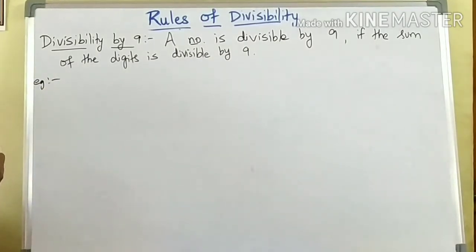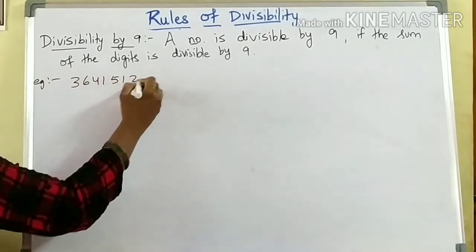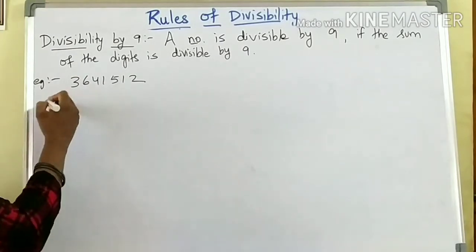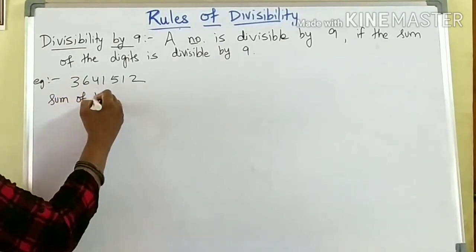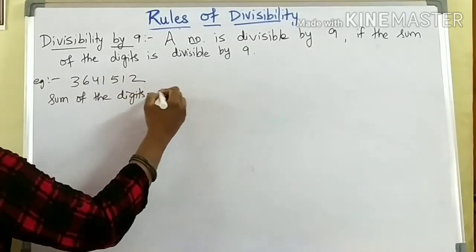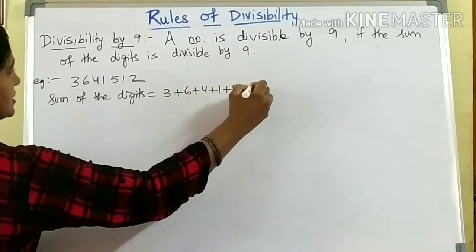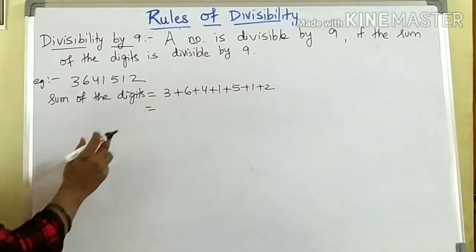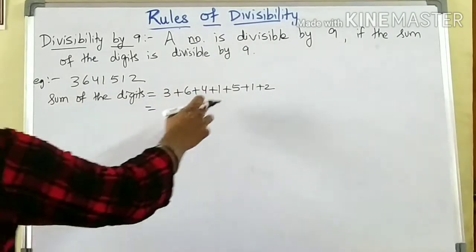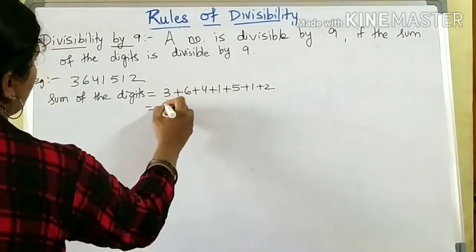If I take an example, how to find whether this number is divisible by 9 or not? You have to go for the sum of the digits. Sum means addition. 3 plus 6 plus 4 plus 1 plus 5 plus 1 plus 2. When you add all these, 3 plus 6, 9, 9 plus 4, 13, 13 plus 1, 14, 14 plus 5, 19, 19 plus 1, 20, 20 plus 2, 22.